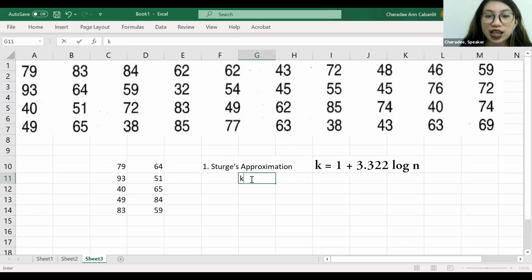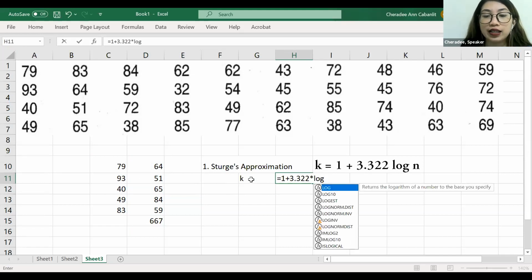So to determine your K or class interval, your N is 10 because that is our sample size. So 1 plus 3.322 multiplied by log.